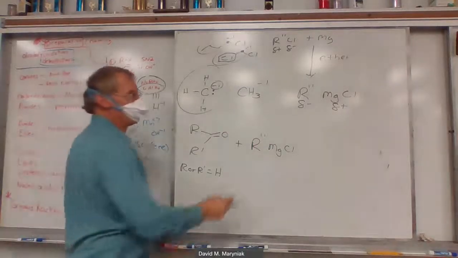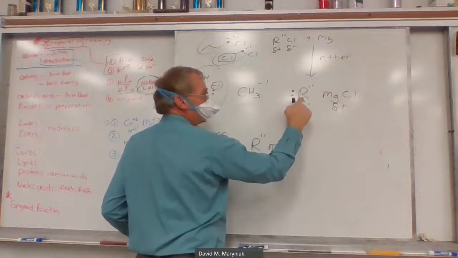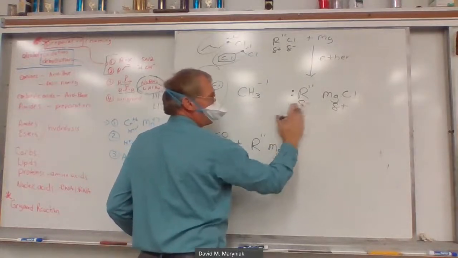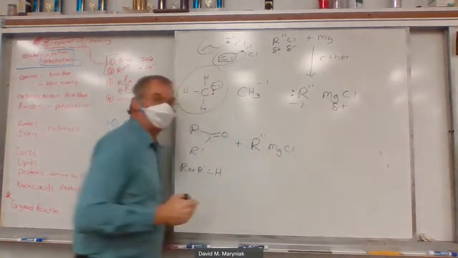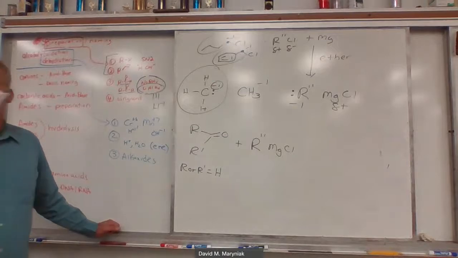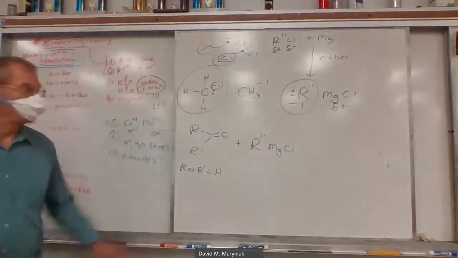And if you want, can you put a free lone pair on the R group and make it not just partially negative, but a full-on minus 1? Whether it is or not, we can debate at some other time. But this is going to be your most useful species when you see this.